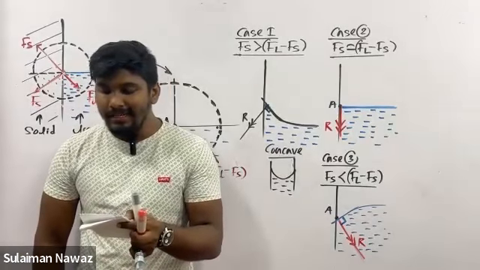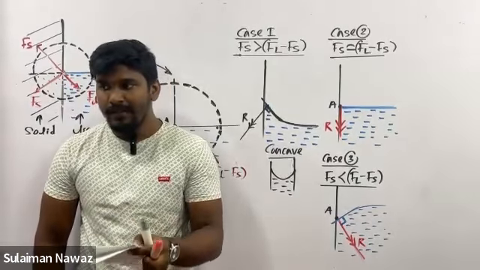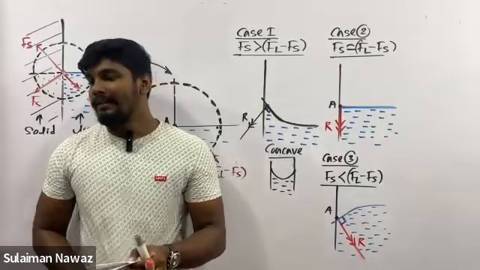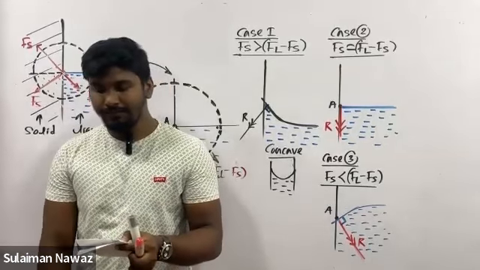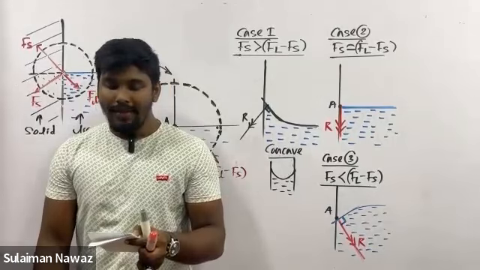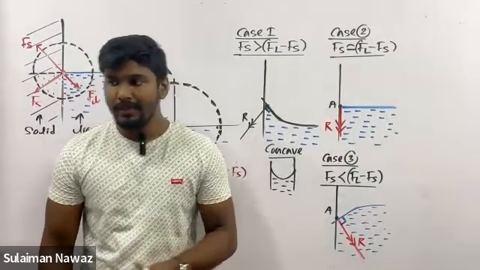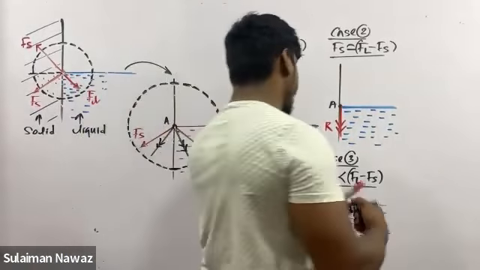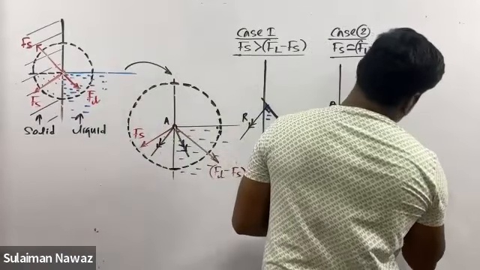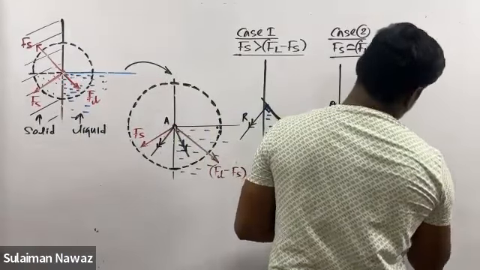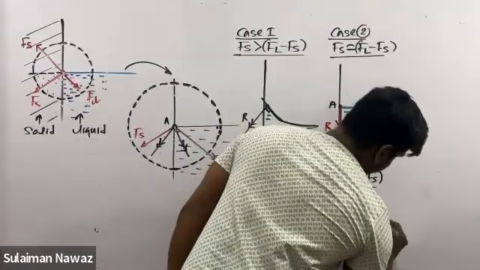That is, the resultant force acts towards the liquid. The meniscus makes a convex shape.